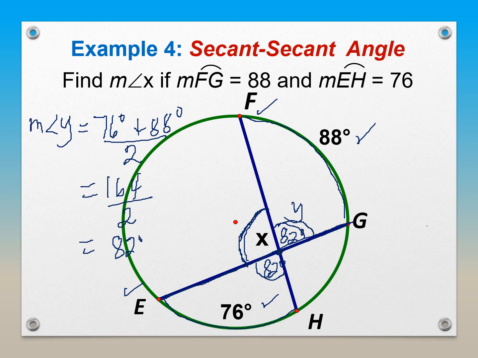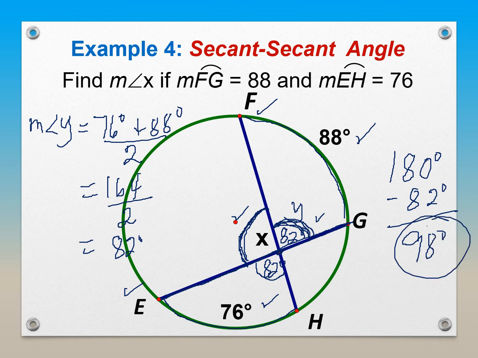Meaning, if you add angle X and 82 degrees, the sum is 180 degrees. Now that angle X is missing, simply subtract 82 degrees to find X. That is 180 minus 82 degrees. The answer is 98 degrees. This is the measure of the missing angle, angle X. So we're done in this example. The measure of angle X here is 98 degrees.